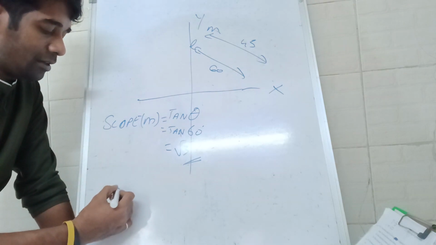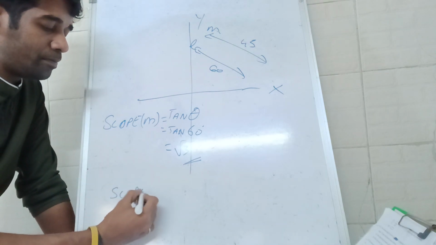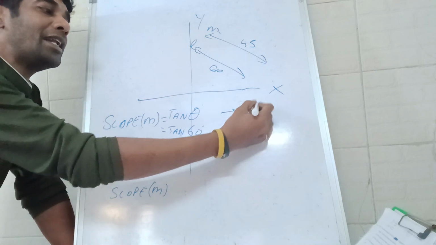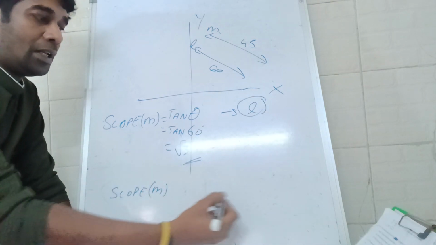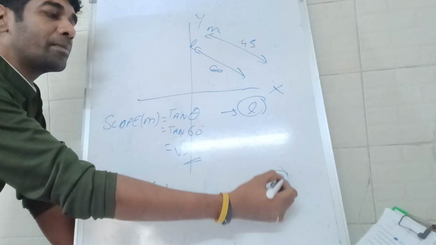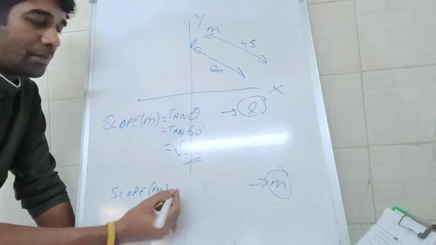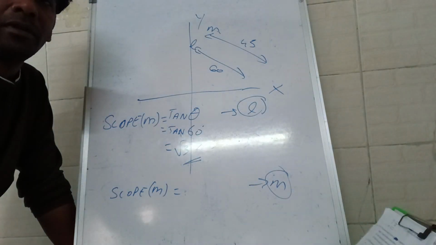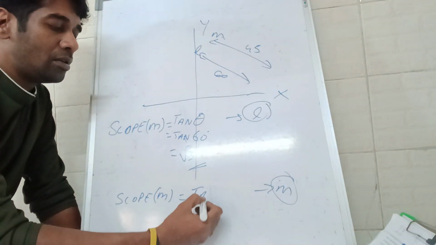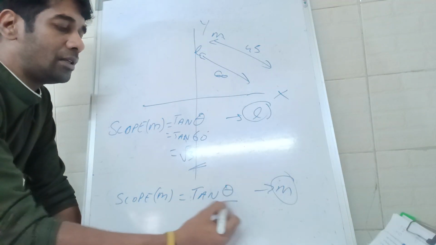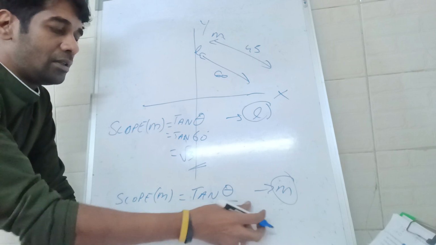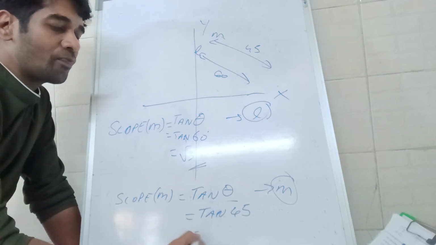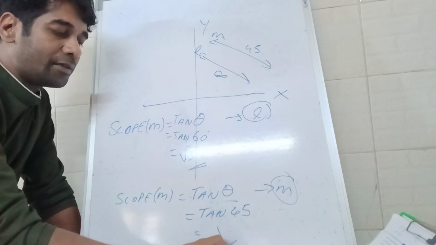This is for line L. And now we'll take for line M. Tan theta is tan 45. Tan 45 is 1.